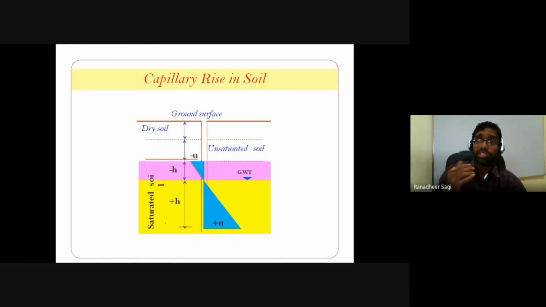Even from the consolidation test you can determine the coefficient of permeability of the soil. And for which soil are we determining this coefficient of permeability? It is for fully saturated soil only. Even for partially saturated soil we can calculate the coefficient of permeability, but not from this particular test.